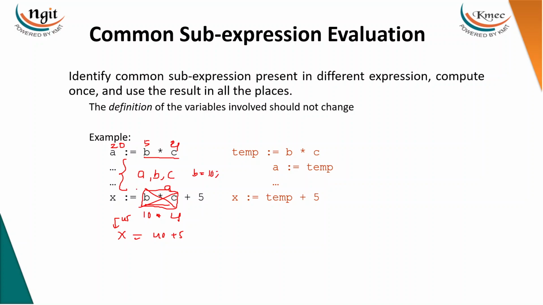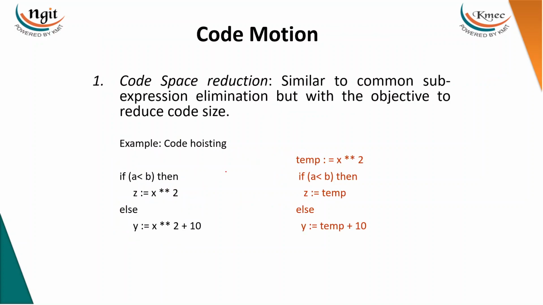So 20 plus 5 is 25. These two are different. So before performing this common sub-expression elimination, make sure that in between these two expressions the values of A, B, C are unchanged. Then only we can do it. Otherwise, you are not supposed to eliminate the expression.